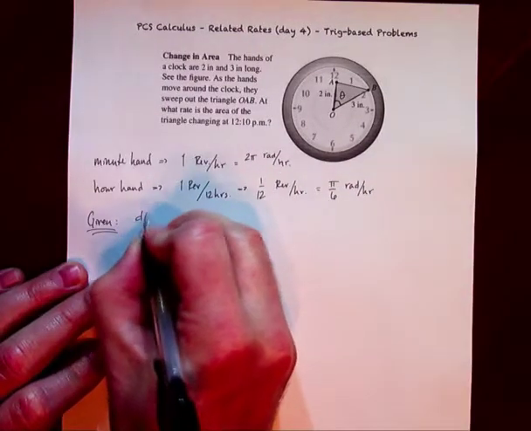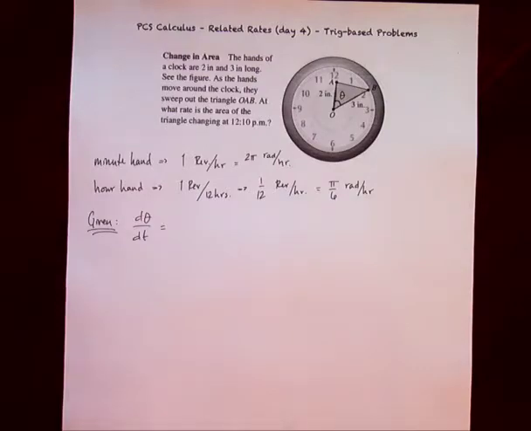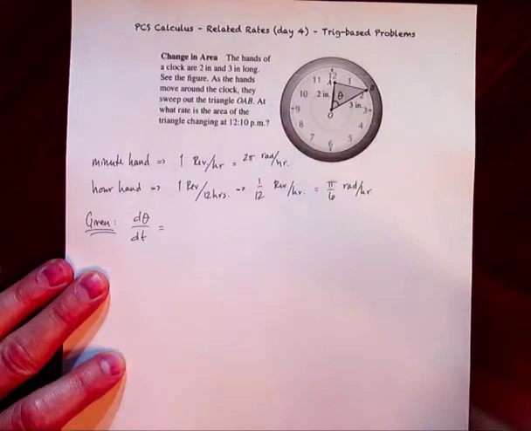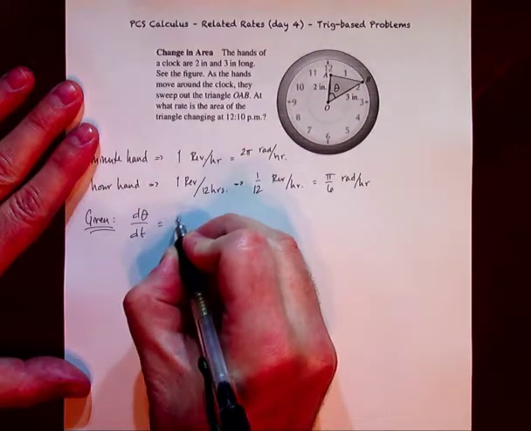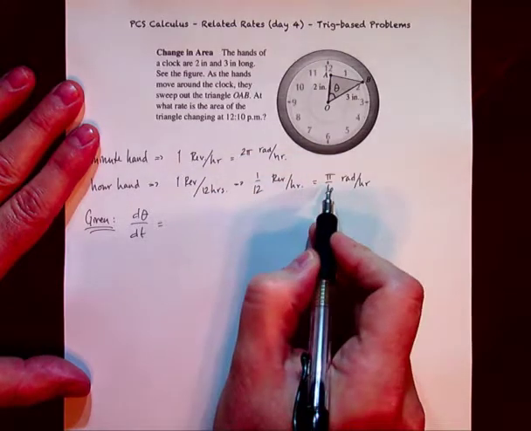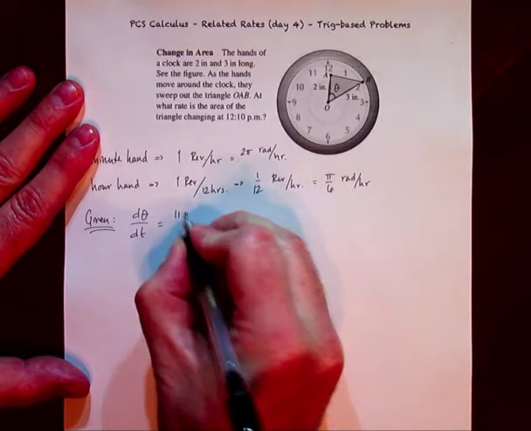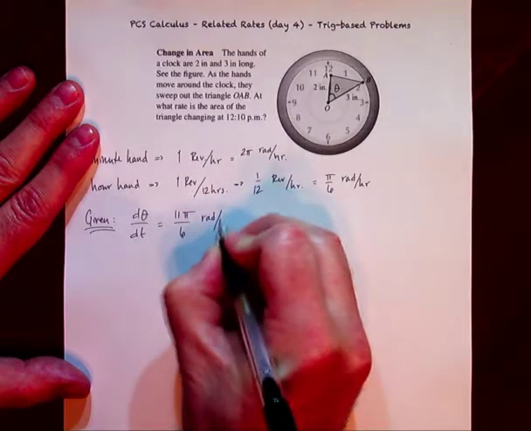So my d theta dt, just based upon what I know about a clock and what's happening to the hour and the minute hand at the time of 12:10, is 2 pi minus pi over 6. So that's going to be 11 pi over 6 radians per hour.